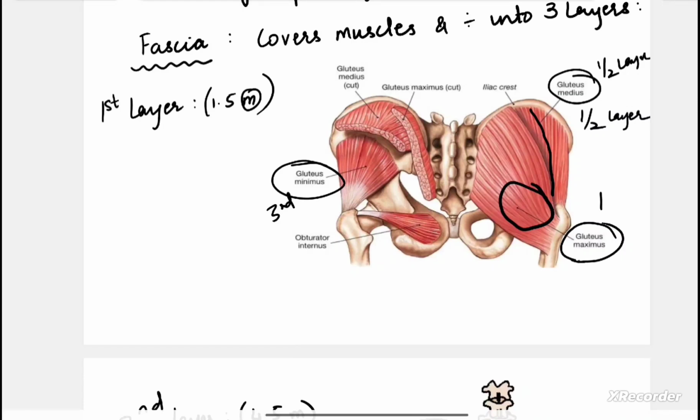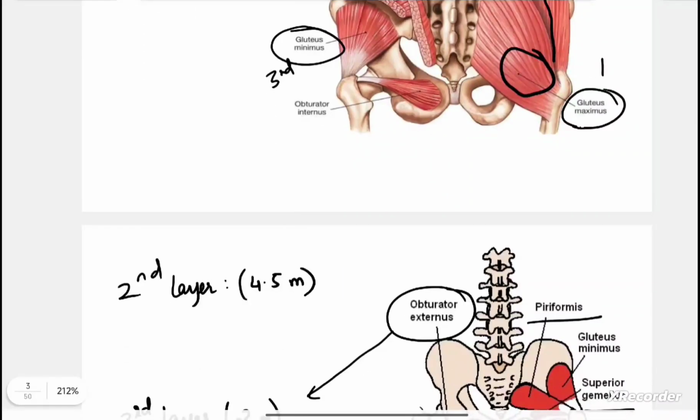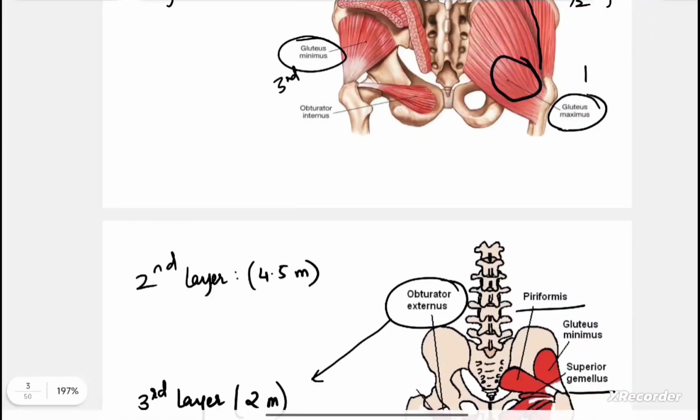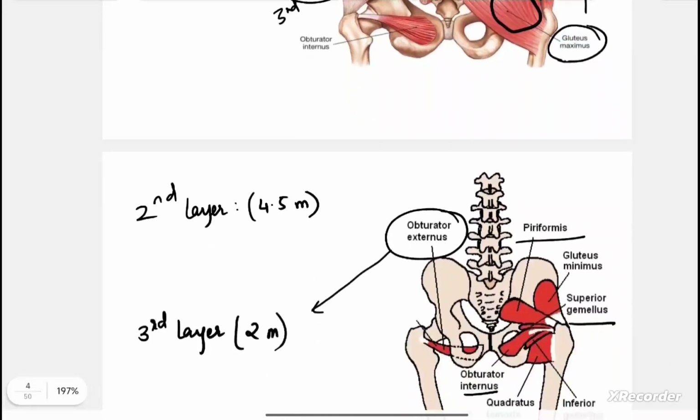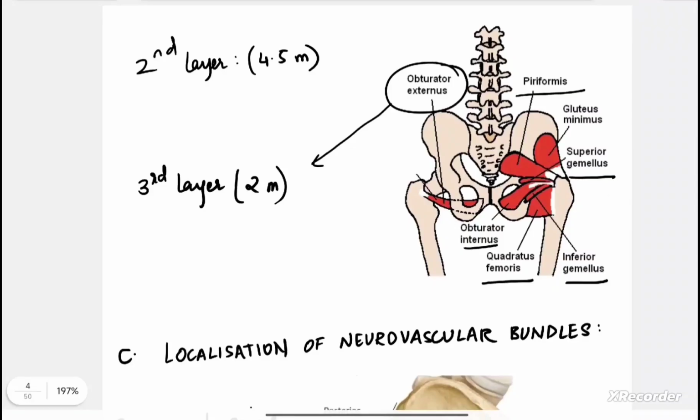Now, the second layer covers 4.5 muscles. 4.5 muscles means which muscles? Those are a half layer of gluteus medius, the full layer of superior and inferior gemellus, the piriformis muscle, obturator internus and quadratus femoris.